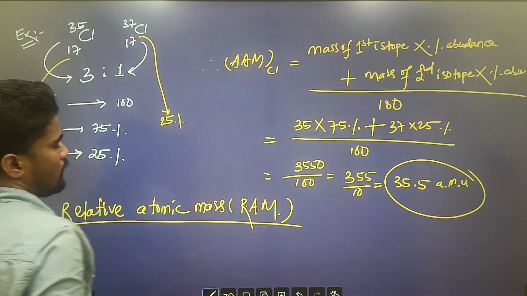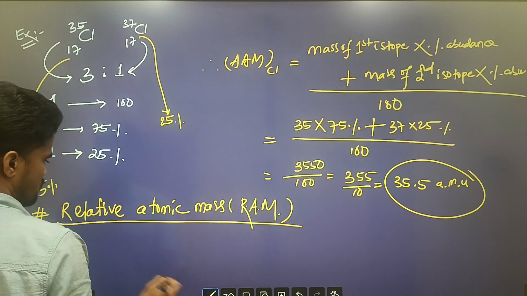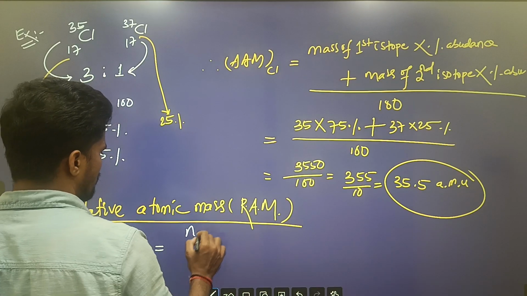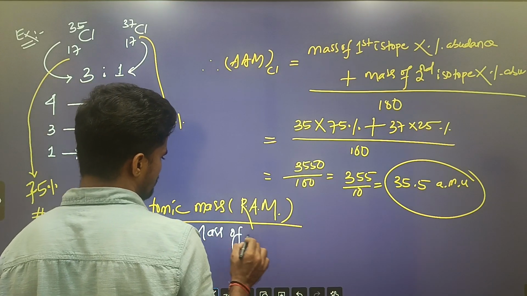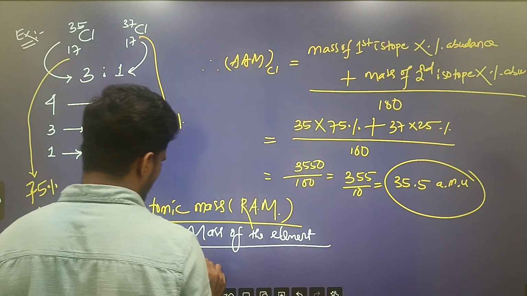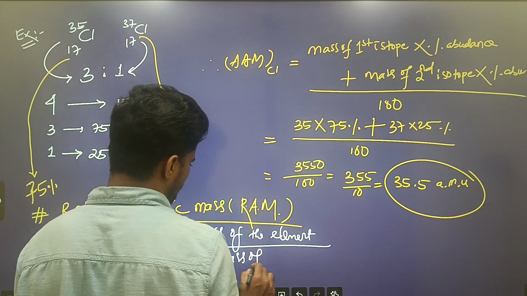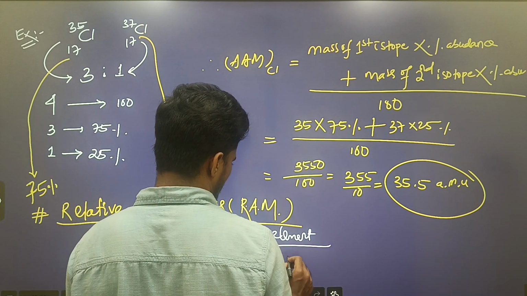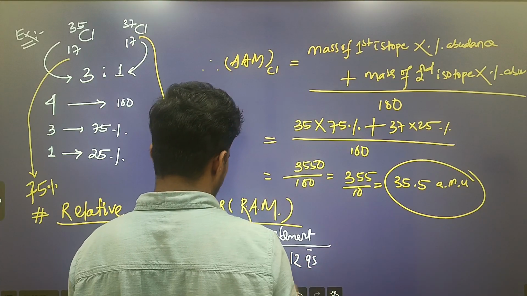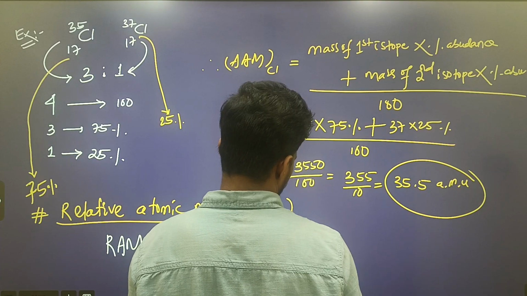Okay, average atomic mass. So what is relative atomic mass? The relative atomic mass of an element is equal to the mass of the element upon 1/12th mass of carbon-12 isotope. 1/12th mass of carbon-12 isotope.